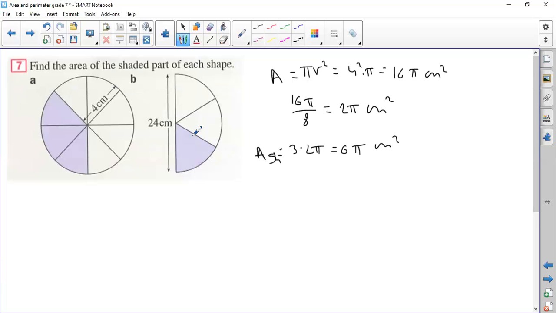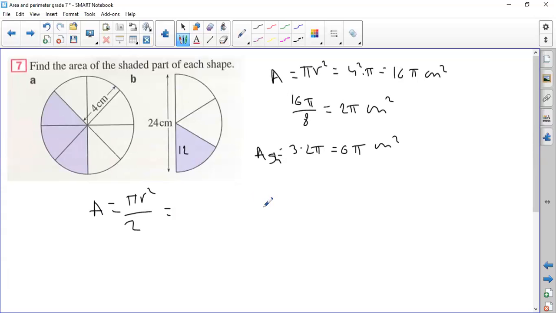In figure B, it is given a semicircle which is divided into 3 equal parts, and one of them is taken. So first of all, let's find what is the area of the semicircle. Area of the semicircle will be pi r squared over 2. So I have to divide with 2. If the diameter is 24, the radius will be 12, half of diameter.